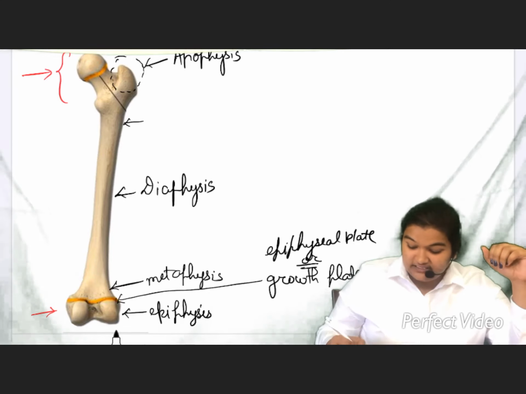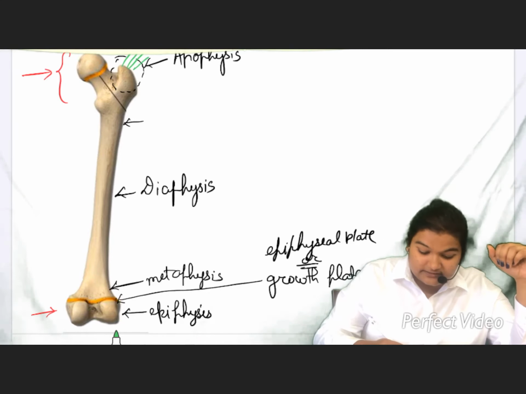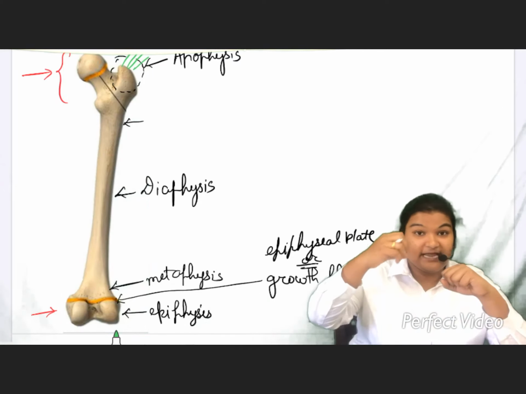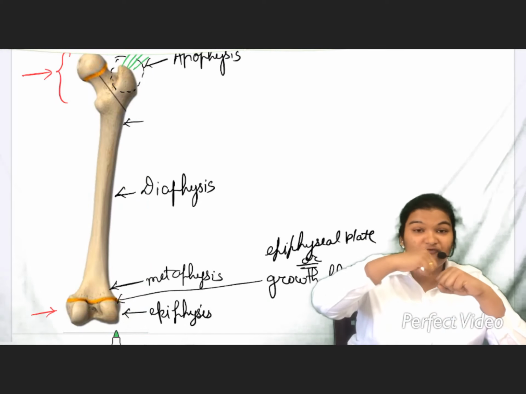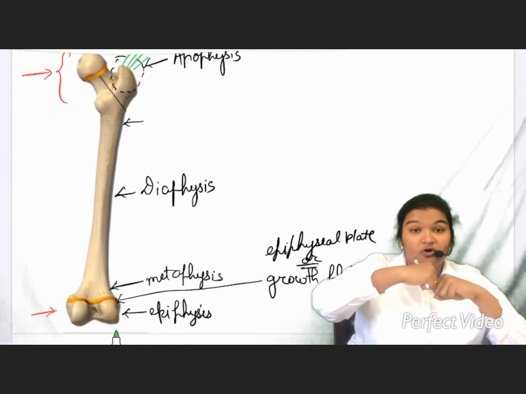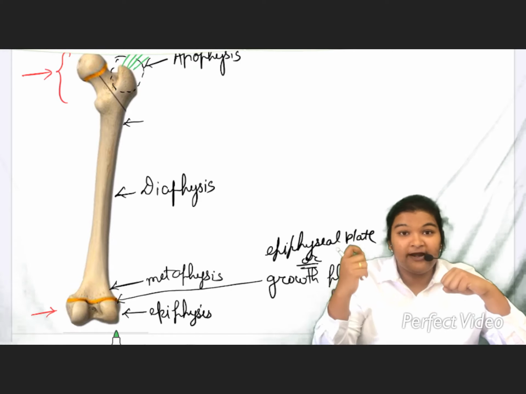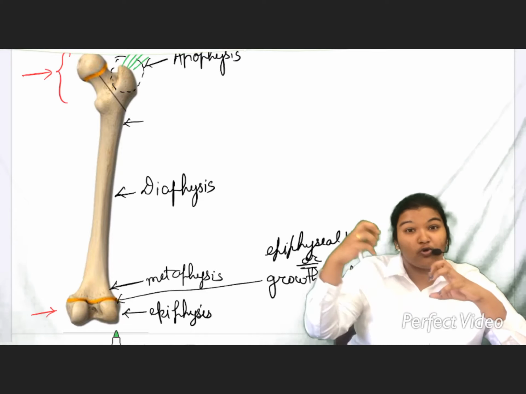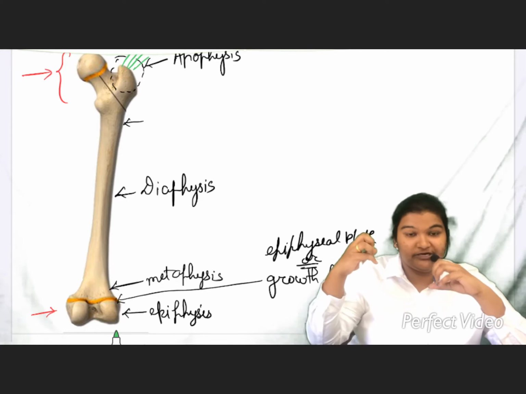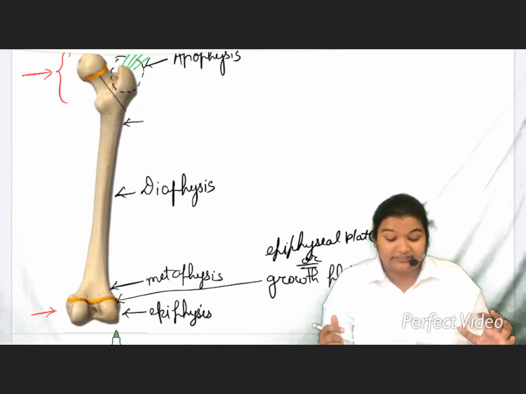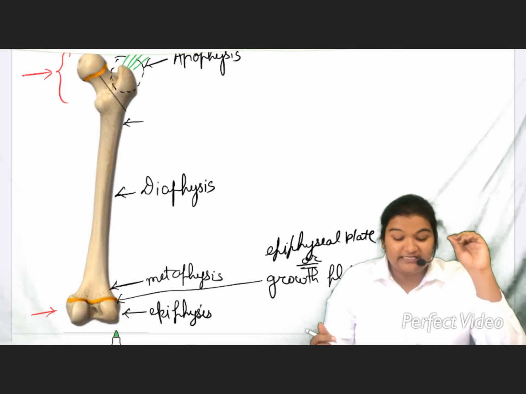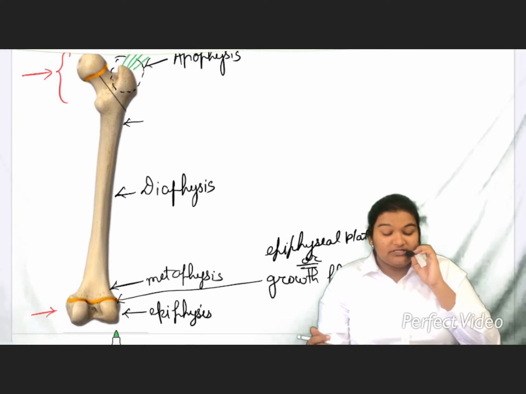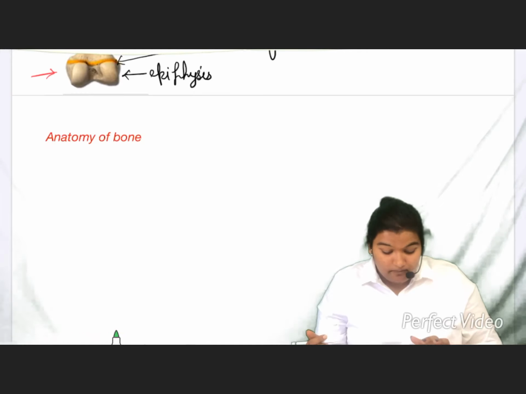Here we have the attachment of one muscle, and because that is a powerful muscle, because of the traction or the pull of that powerful muscle, the bone grows or protrudes, and you get a protuberance, and that part is called apophysis.